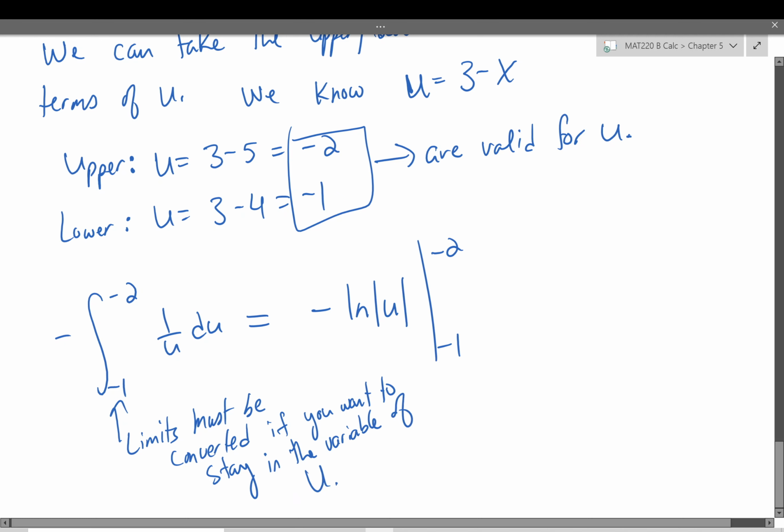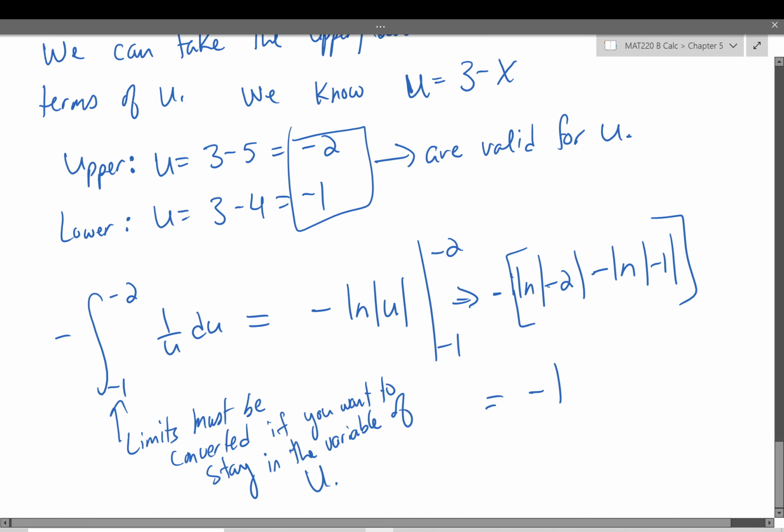Okay? So notice here, I'm going to get the negative ln of the absolute value of negative 2 minus the natural log of negative 1. Let me put this in brackets because the negative will be distributed to both of them. There we go.